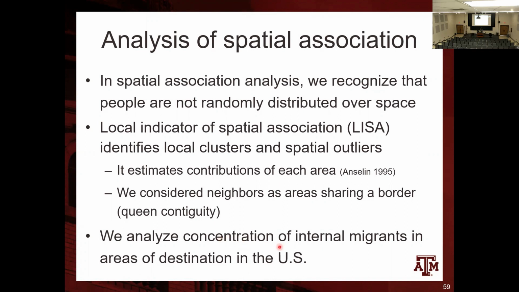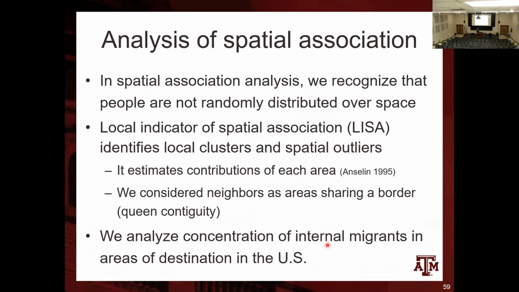We analyze concentration of internal migrants in areas of destination in the US. Look, spatial analysis can be done for any indicator. I can have, for example, the total fertility rate for each one of the areas in the US and see which areas have high levels of fertility surrounded by high fertility.